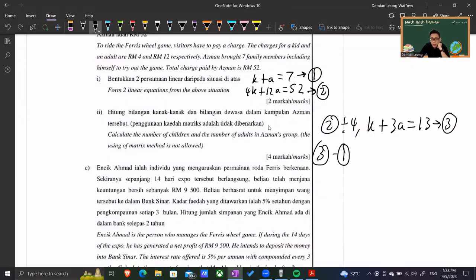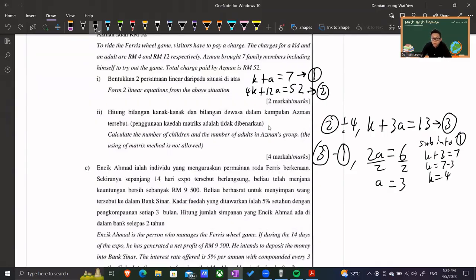Equation 3 minus equation 1. K minus K is 0. 3A minus A, 2A. 13 minus 7 is 6. So get rid of 2, divide by 2. A is 3. So sub back into equation 1. K plus 3 is 7. K will be 7 minus 3, 4. So it means 3 adults and 4 kids.